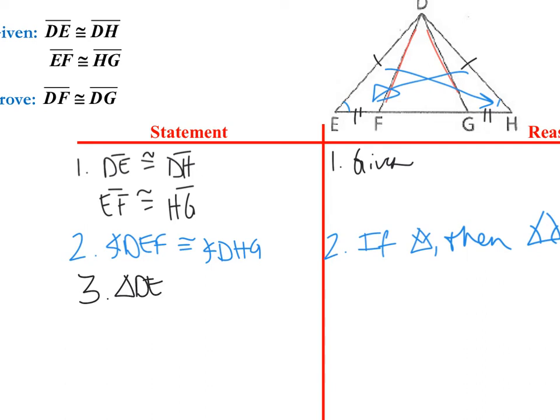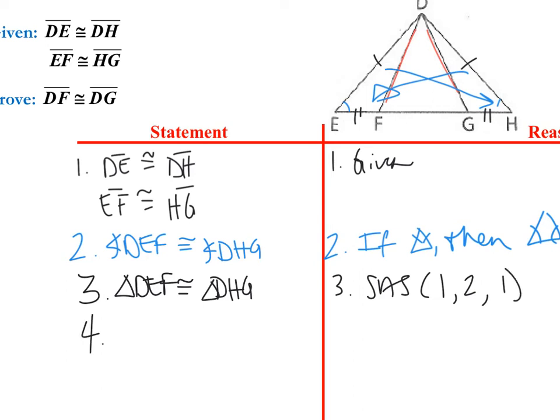So triangle DEF is congruent to triangle DHG by SAS. So one side, and then we proved that the angles were congruent, and then the other side. And then lastly, we can prove that DF is congruent to DG by CPCTC. Okay, so again, the whole theme of this chapter is proving triangles congruent.